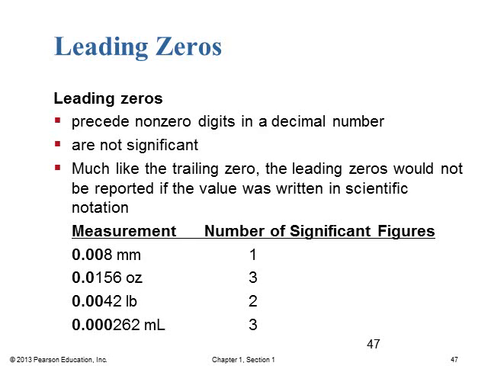Leading zeros are zeros that precede non-zero digits in a decimal number. They come before any non-zero digit in a decimal number, and these are not significant either.